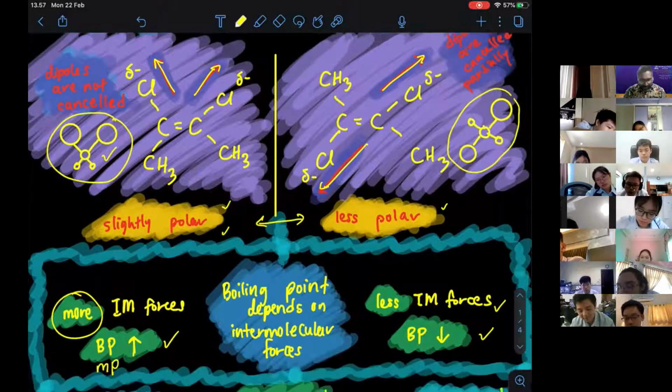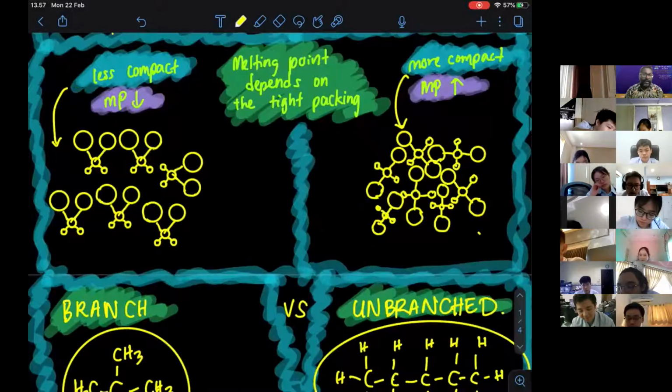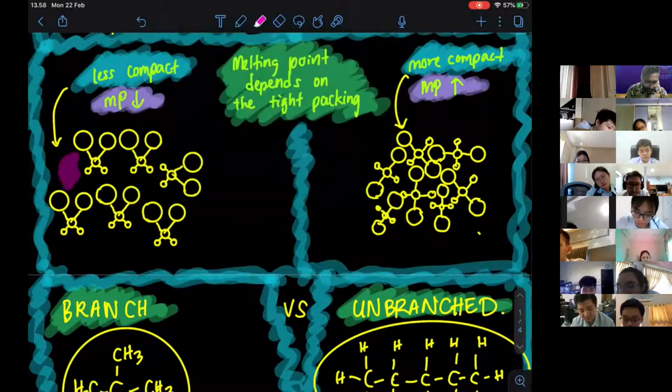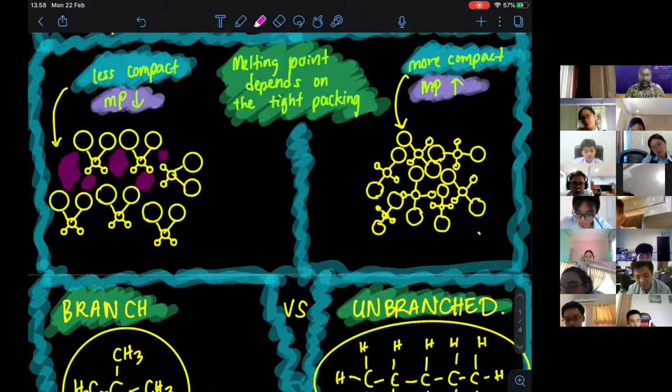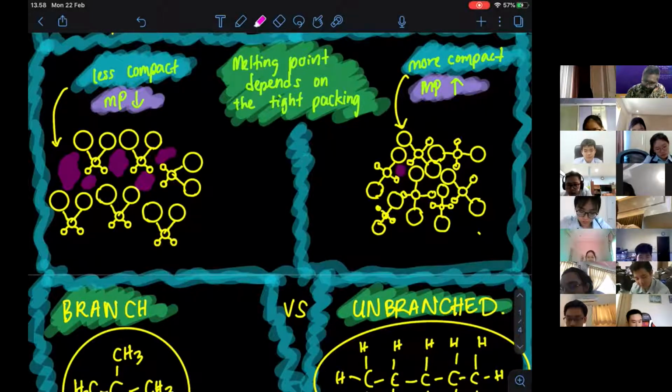If I arrange them, you can see that cis has a lot of empty spaces in between. But if I arrange trans, you can see that they have minimal space in between because they can rotate and rearrange themselves.